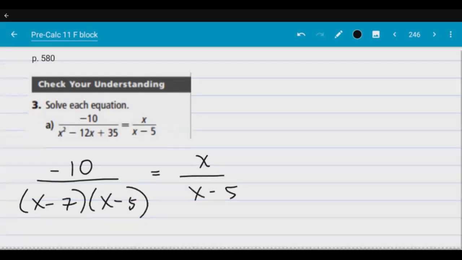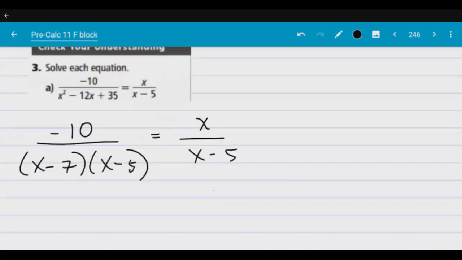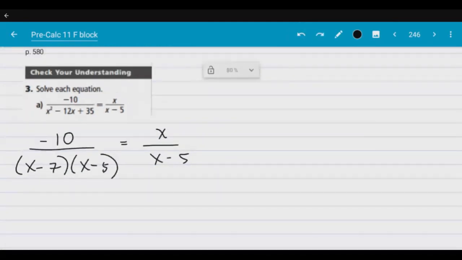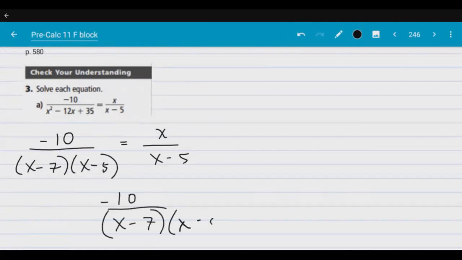Now, guys, look, isn't it nice? Because if we multiply both sides by this denominator, then this one would cancel out. But take a look. So I'll move this a little bit so that I have space. So it becomes negative 10 over x minus 7 times x minus 5, equals x over x minus 5.